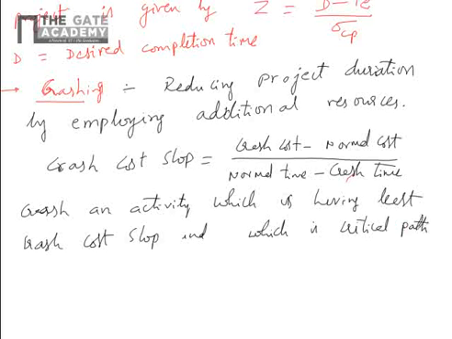Always activities on the critical path have to be crashed. If you want to reduce the project duration, you need to reduce the duration of the activities in the critical path, then only project duration will reduce.